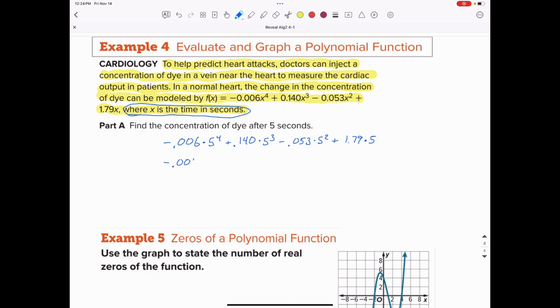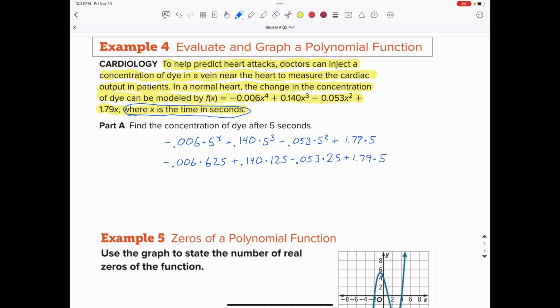So 5 to the 4th power is 625, plus 0.140 times 5 to the 3rd power, which is 125, minus 0.053 times 5 squared, which is 25, plus 1.79 times 5. And then we do all of those multiplications.